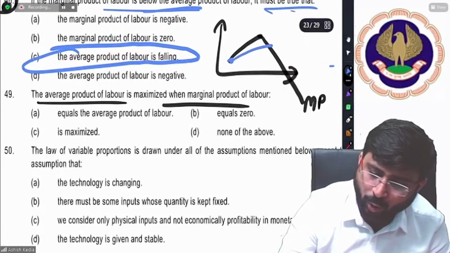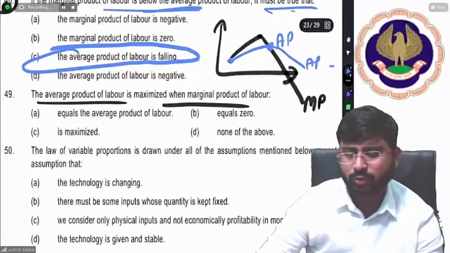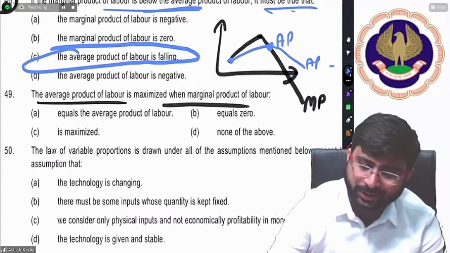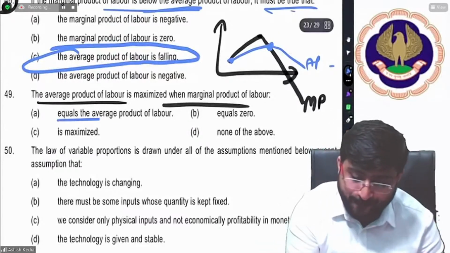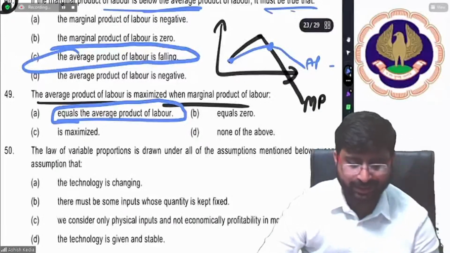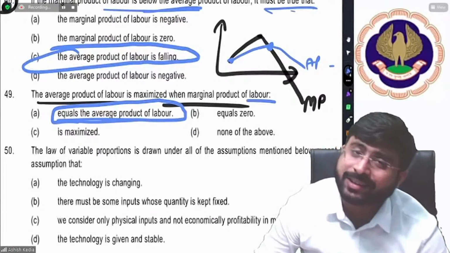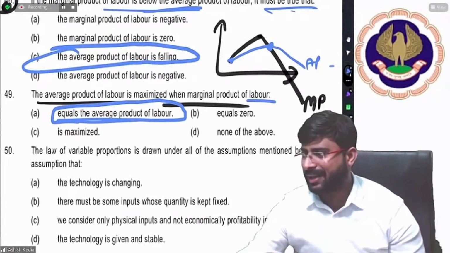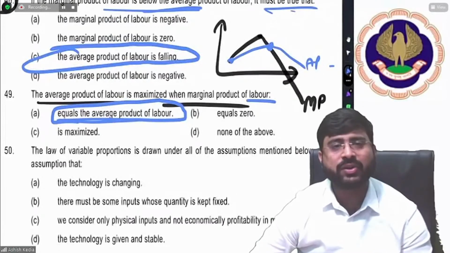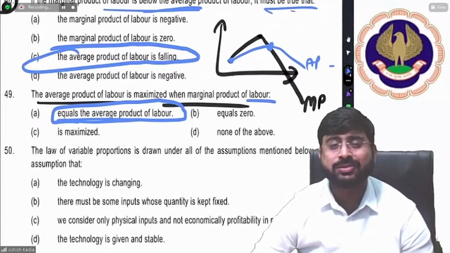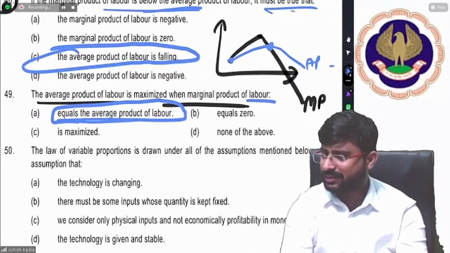AP going up, reaching maximum, and then falling down. So what do you think has happened here? AP is maximum when MP meets AP. So when MP of labor equals AP of labor, at that time AP is maximum. We have done it and revised it a significant number of times. Isn't it, sir? Yes, sir.